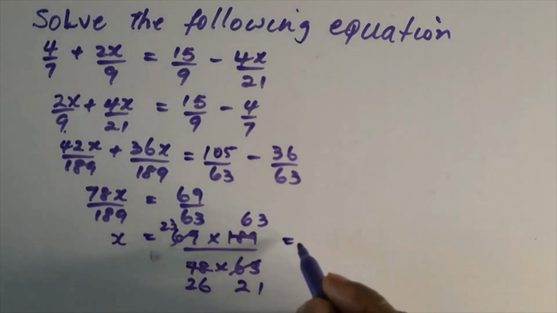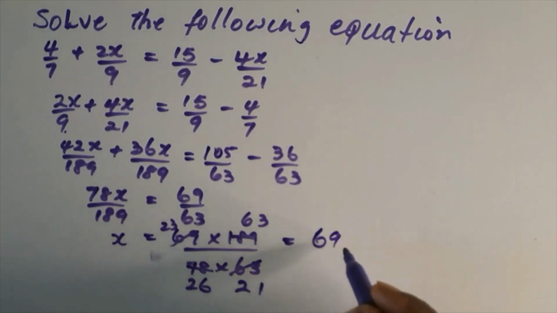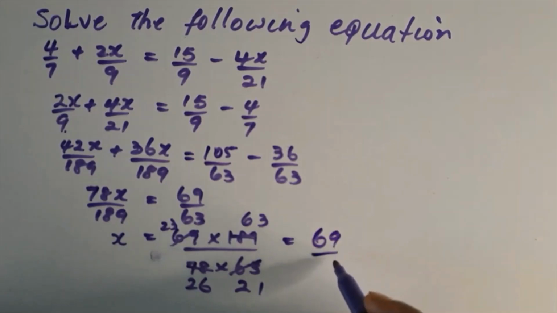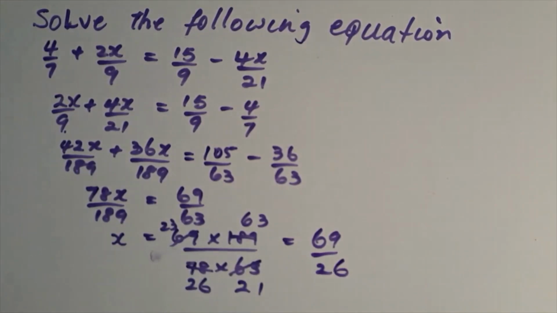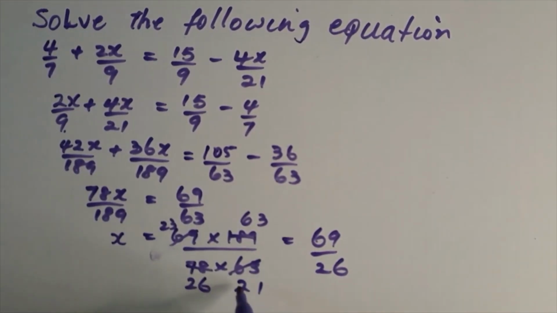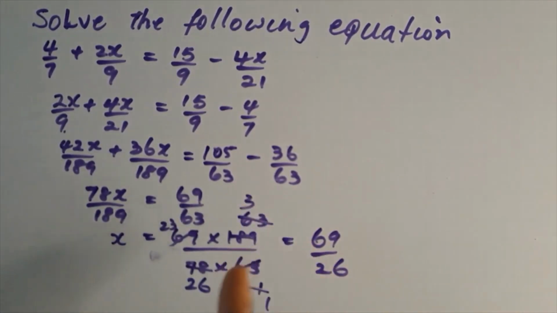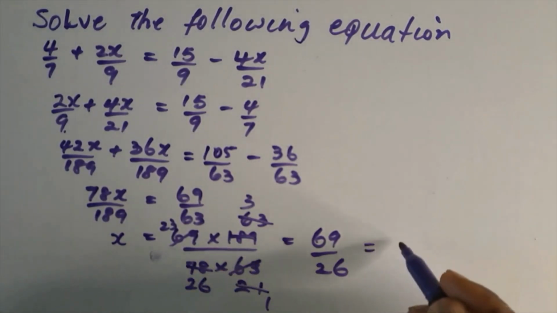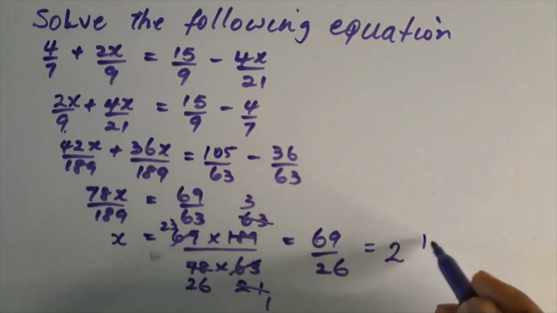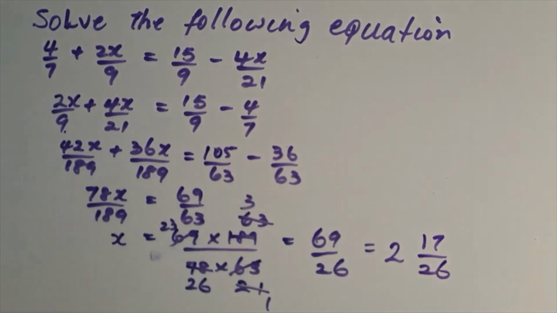And all this simplifies to give us 69 over 26. And if you're wondering how I got that, I did another cancellation here by 3. So I divided 63 by 21. So all we have in the denominator is 26 times 1, which is 26. And we have 23 times 3, which is 69. And this can be simplified to 2 and 17 over 26.